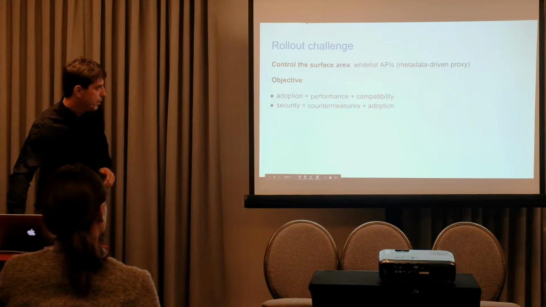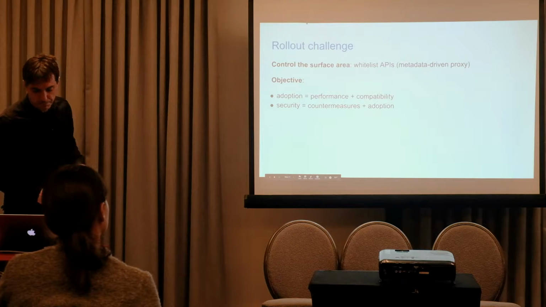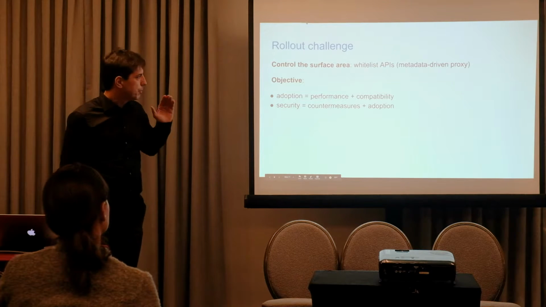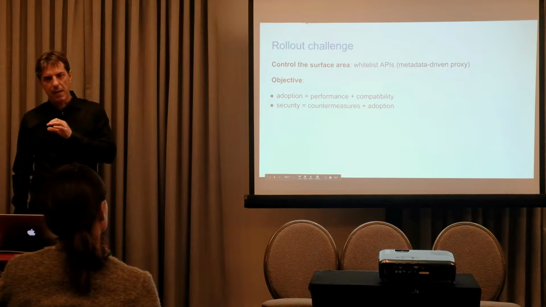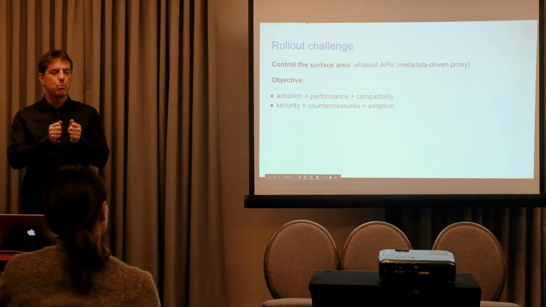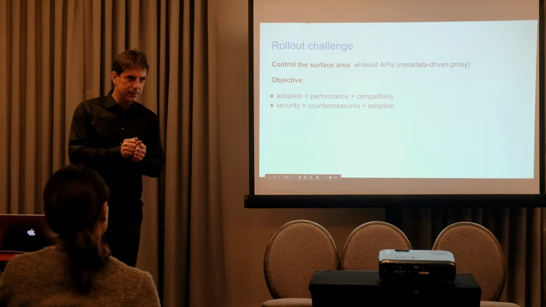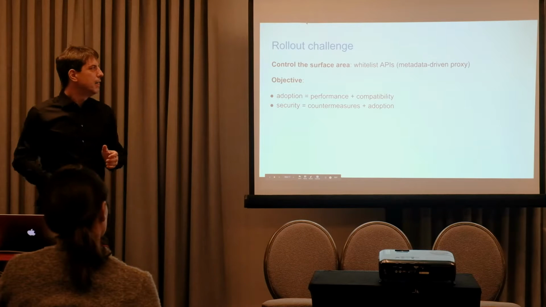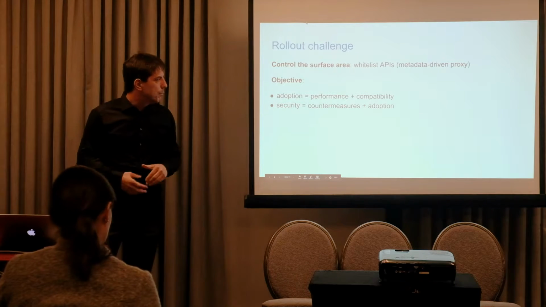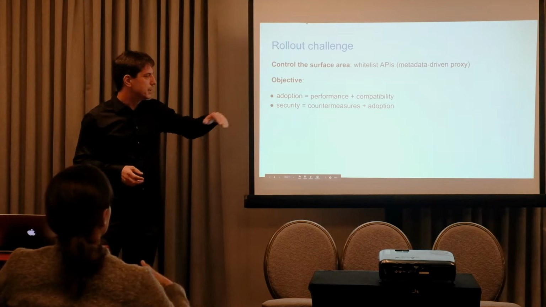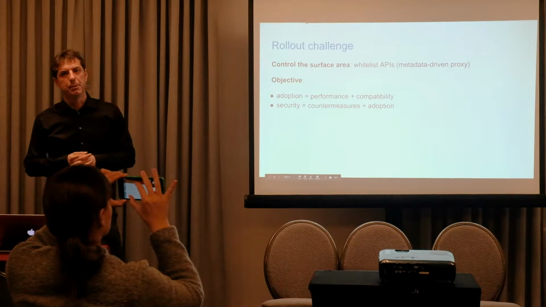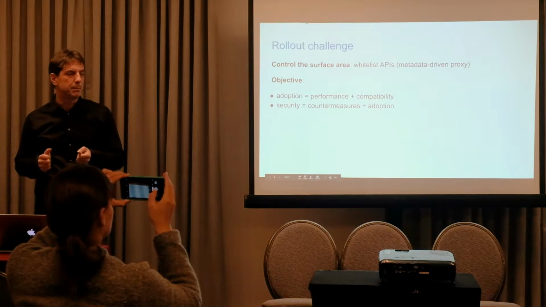So the way we went is to realize that the most important thing is adoption. If we have a secure system and people refuse to use it, we don't have it. So adoption is the sum of performance and compatibility, so we work really hard on those aspects.